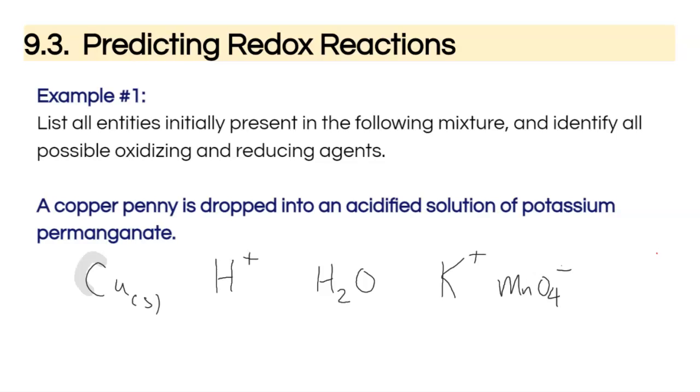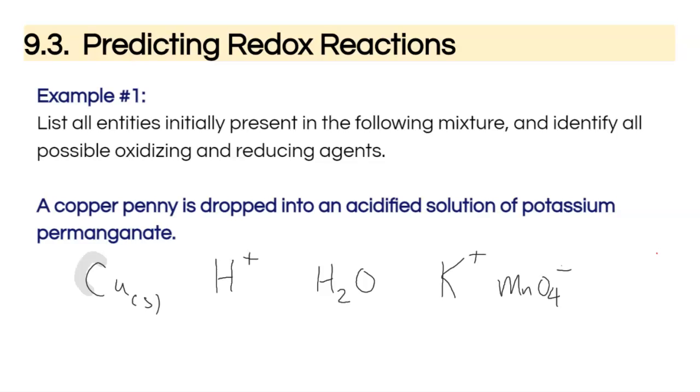Minus, there we go. Now that we've identified all the potential particles or entities that are involved in this reaction, our job now is to locate them on our redox chart and highlight them, and that will help us to identify whether they're an oxidizing agent or a reducing agent.